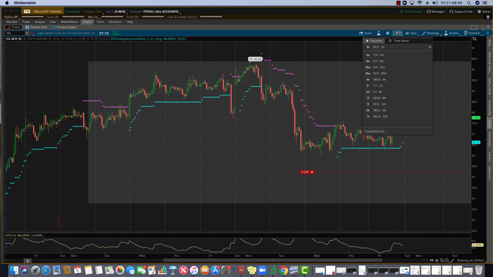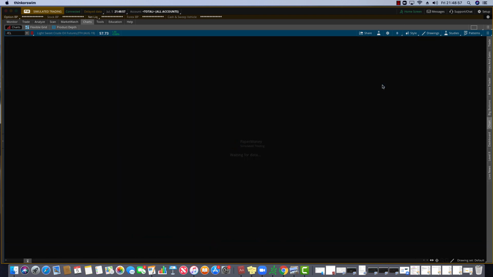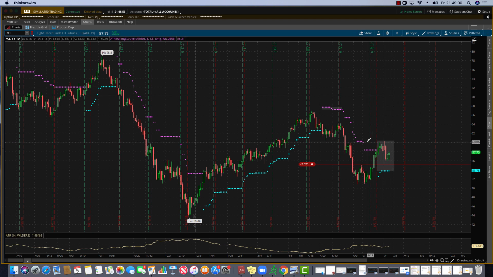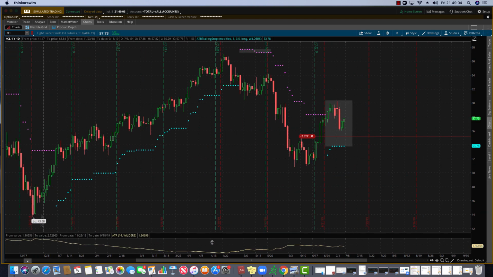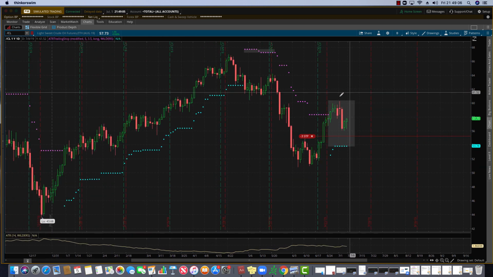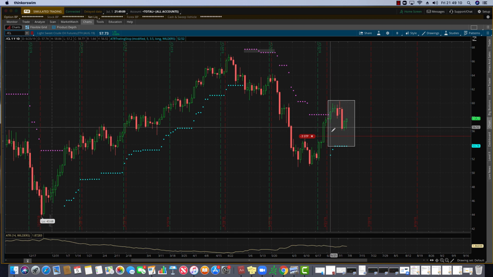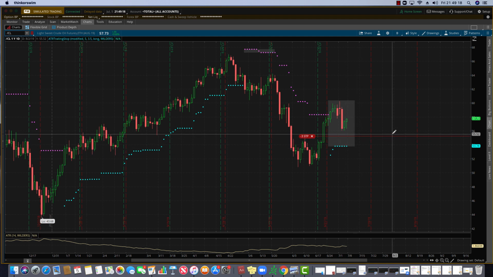But over the next few days, what I want you to do is just really follow what range we're in on the daily chart. So this is really another way to look at the range using the ATR Trailing Stop. There's not just one range, there's multiple ranges.